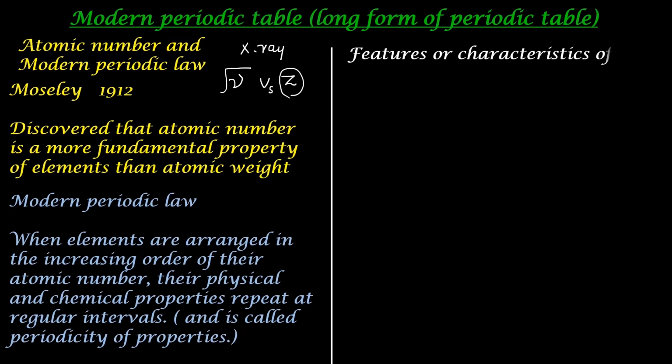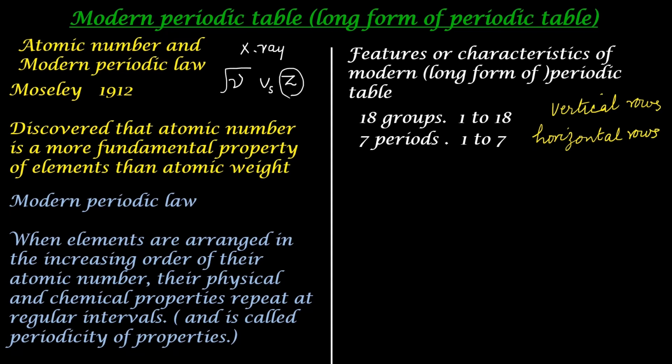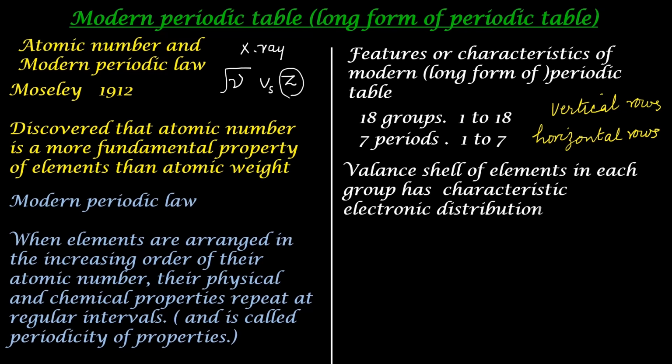Features or characteristics of modern periodic table. There are 18 vertical columns called groups numbered from 1 to 18 and 7 periods numbered 1 to 7. They are horizontal rows. A close examination of the modern periodic table shows that the valence shell of each group has characteristic electron distribution.